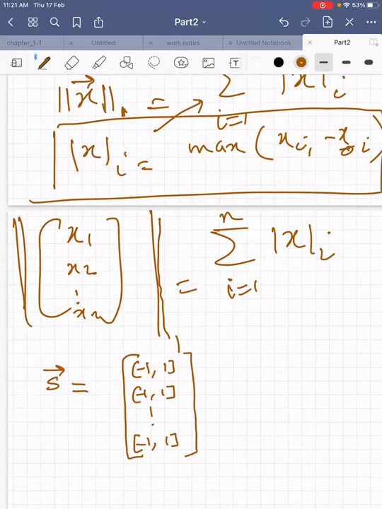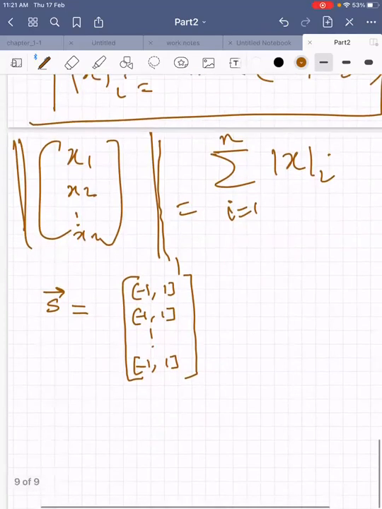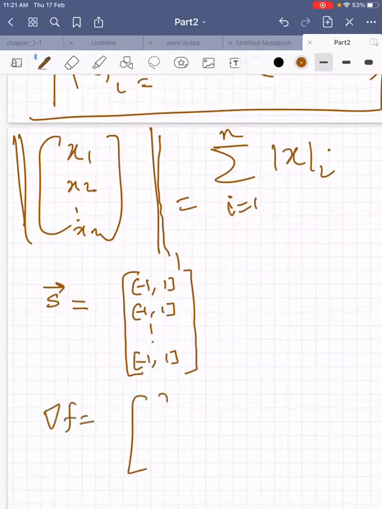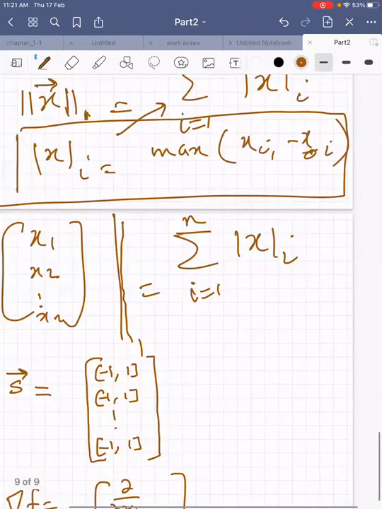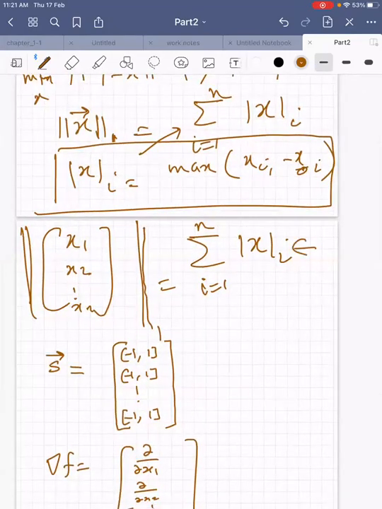Yes, sir. Because if you take the derivative, what is the gradient? Gradient is basically this, right? If you take the derivative of this summation operation, everything will be 0 except that corresponding index. And for that corresponding index, the subdifferential will lie between -1 and 1, because that's what we have done before, mod of xi.